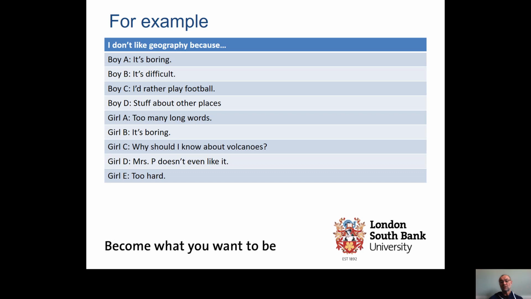So boy A has said, well, it's boring. Boy B has said it's difficult. Boy C, I'd rather play football. So lots of different answers, and I'm trying to organize this in a way that makes my results easier to present.